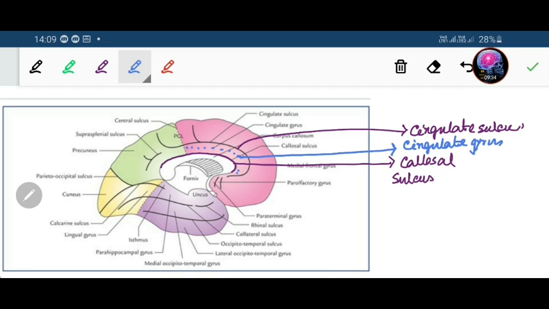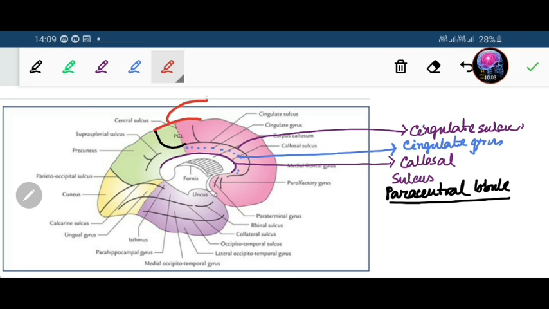Now we will discuss the paracentral lobule. I already mentioned that the posterior end of the cingulate sulcus turns upward to reach the superomedial border. This is the superomedial border.